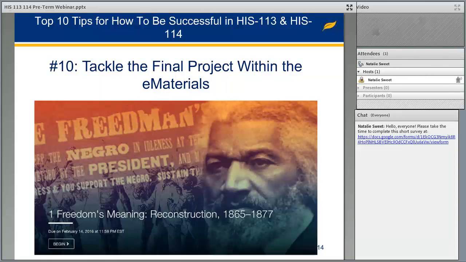What you will do is you will work on that paper within your eMaterials, and every time after you come to a big milestone point in chapter 2, 4, and 6, you're going to have the opportunity to download your paper in progress. And that's when you can pull that document to work on it outside of the eMaterials, maybe to submit it to your instructor in the weekly submission portals for those milestone weeks.